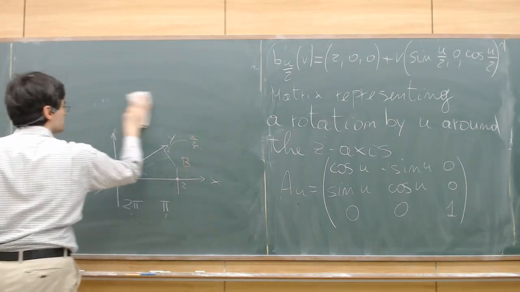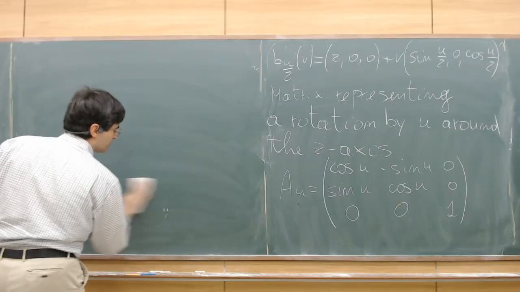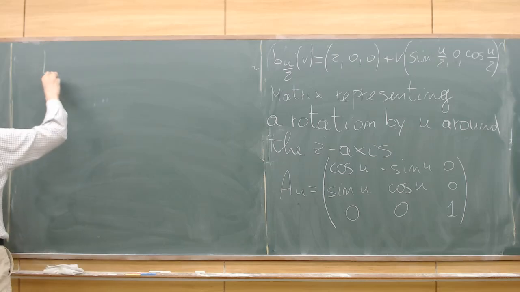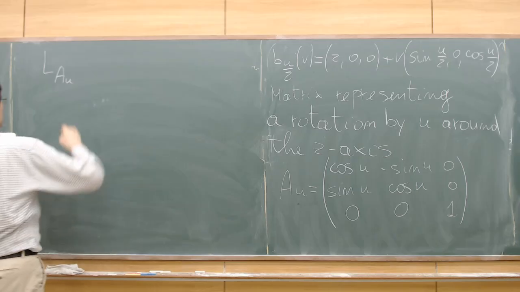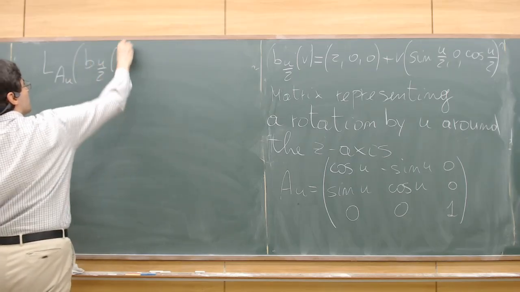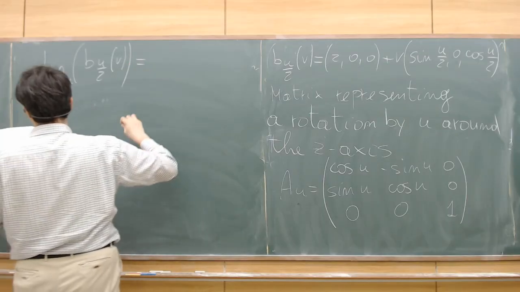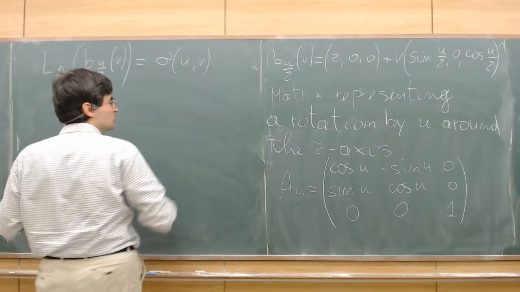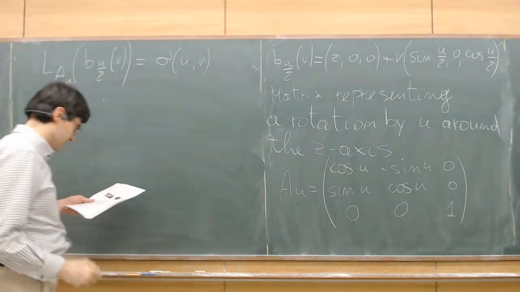How to do this? Simple. You take the rigid motion L(A(u)) and you compose it with B(u over 2, v). And this is what we call sigma. The map I wrote here and I erased.